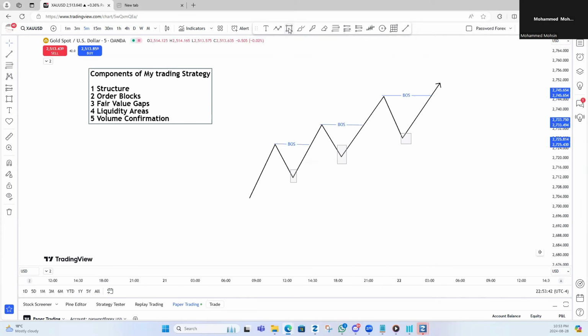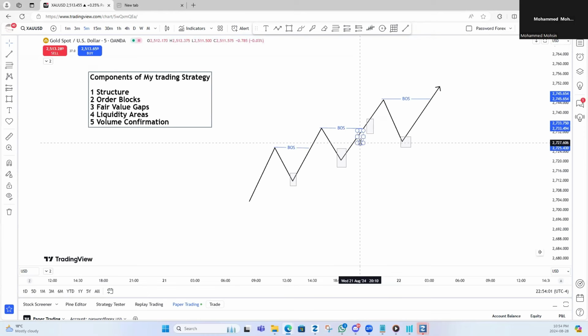Also, an area of interest would be the fair value gap. As you know, it's a three candle combination. The gap between the three candles is basically an area which we call a fair value gap. I'm pretty sure that you guys know about the fair value gap. If you don't know, hit me up and I'll make a video about this.